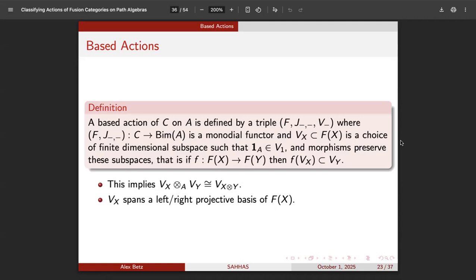Yes. So I'm saying that every element in the bimodule can be written as a sum of these projective basis elements times elements of A, like v1 a1 plus v2 a2 plus v3 a3. Right, yeah. It kind of is, because when you're finitely generated projective, you are a direct summand of a free module.